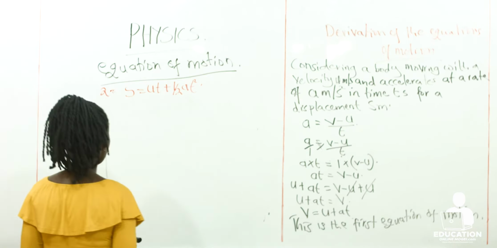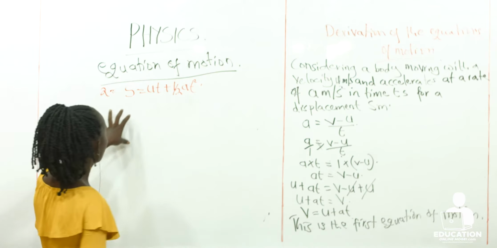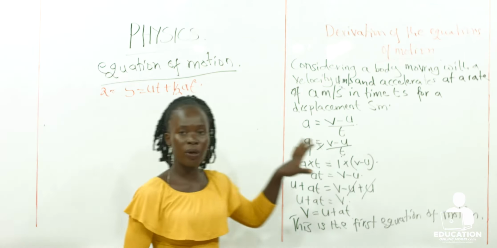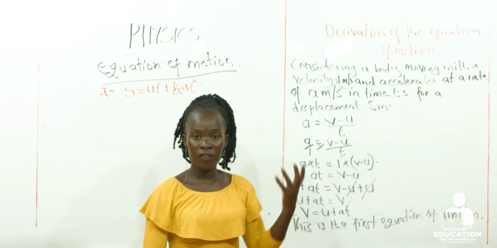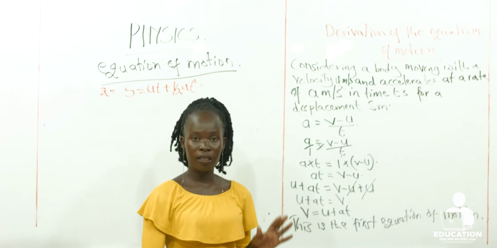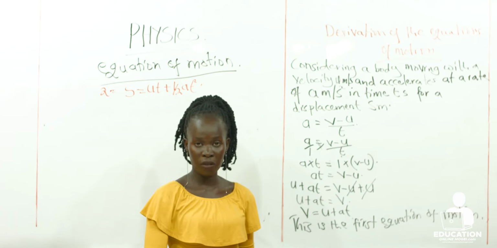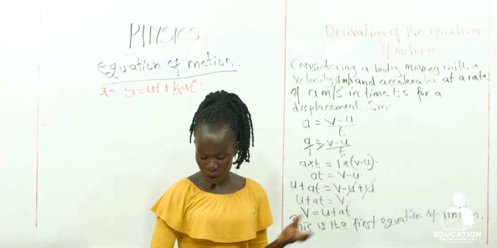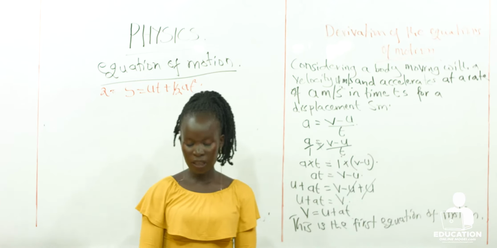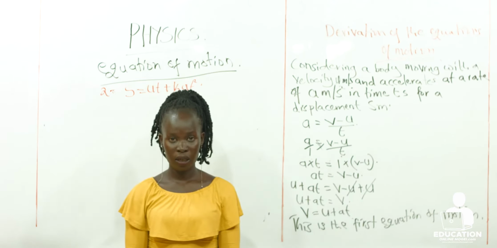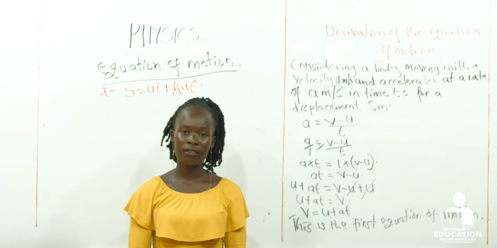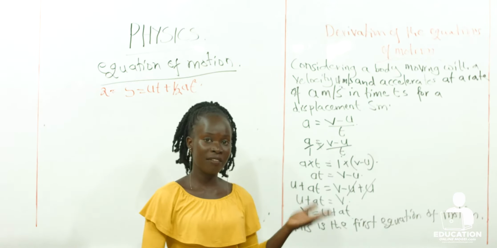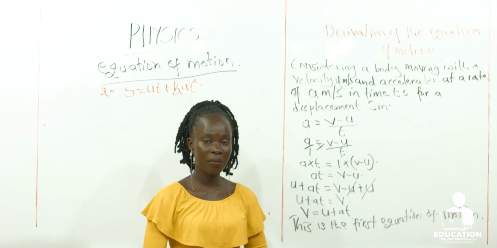To find the second equation of motion, we are going to use the displacement. So you define the displacement and interpret it in mathematical form so that you come up with that equation. So what did we say is our definition of displacement? We say that it is the distance covered in a given time interval.